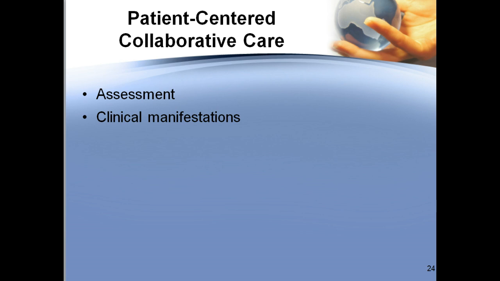So basically, what you would do is assess the patient as a nurse and ask about any changes in activity level, because generally these people have a lot of lethargy, fatigue, and muscle weakness. You want to ask about any GI problems such as anorexia, nausea, vomiting, and diarrhea.